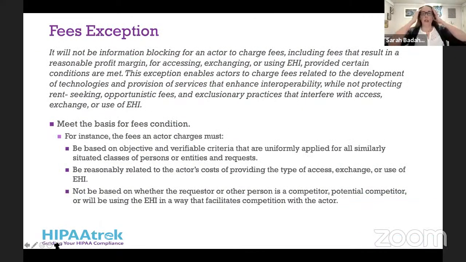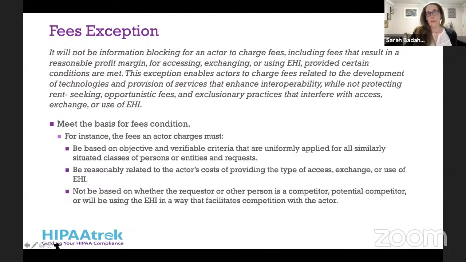All right, fees exception. This is going to be another one that is highly unlikely for a hospital or a clinic to experience. This is more likely going to be one for health IT providers, but it is essentially an actor is able to charge a reasonable fee, so long as it's not an opportunistic fee, for access to software or health IT that they create.